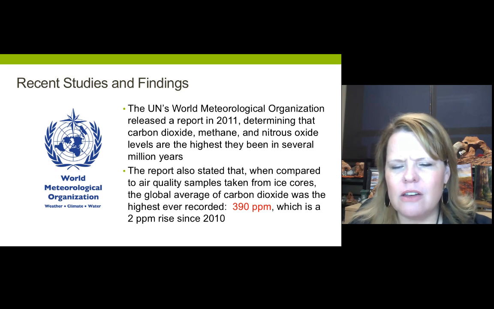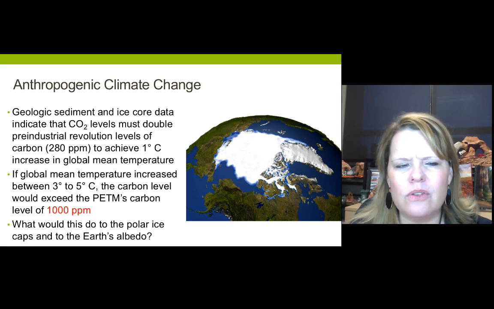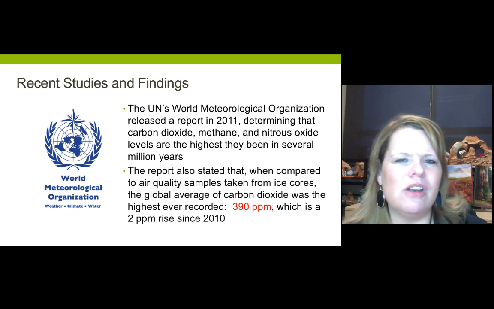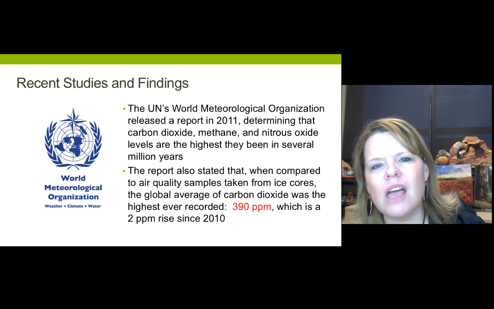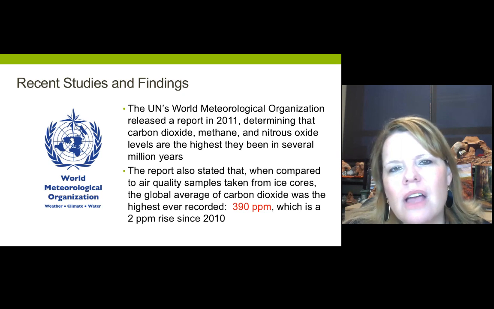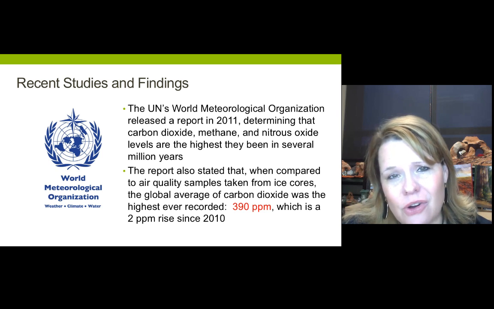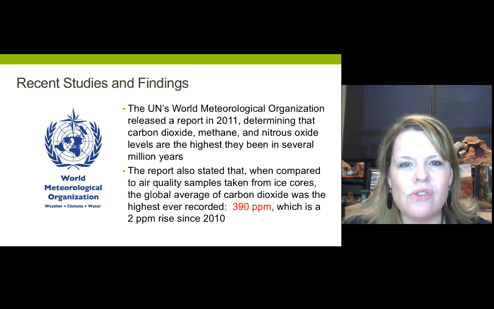Let's go back and look at that number. 280 parts per million for pre-industrial revolution. Here we are at 390. You're like, well, that only took us like 300 years to do. Most of that has occurred in the last 50 years.